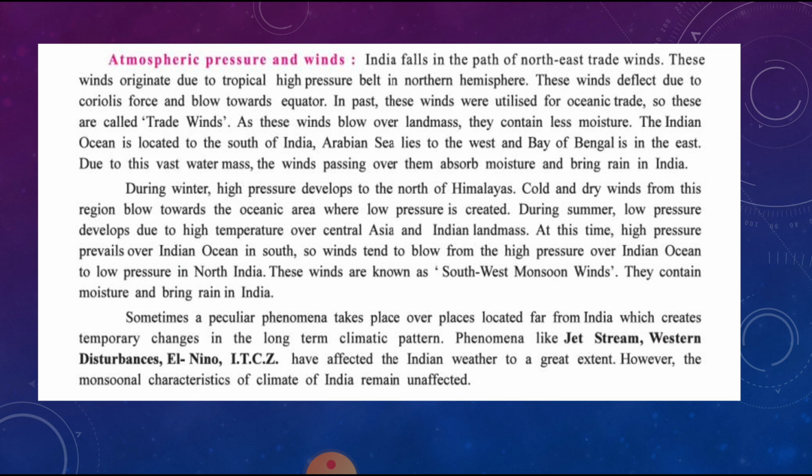A physical force called the Coriolis force deflects these winds and they blow towards the equator. In the past, these winds were utilized for oceanic trade, so they are called trade winds.